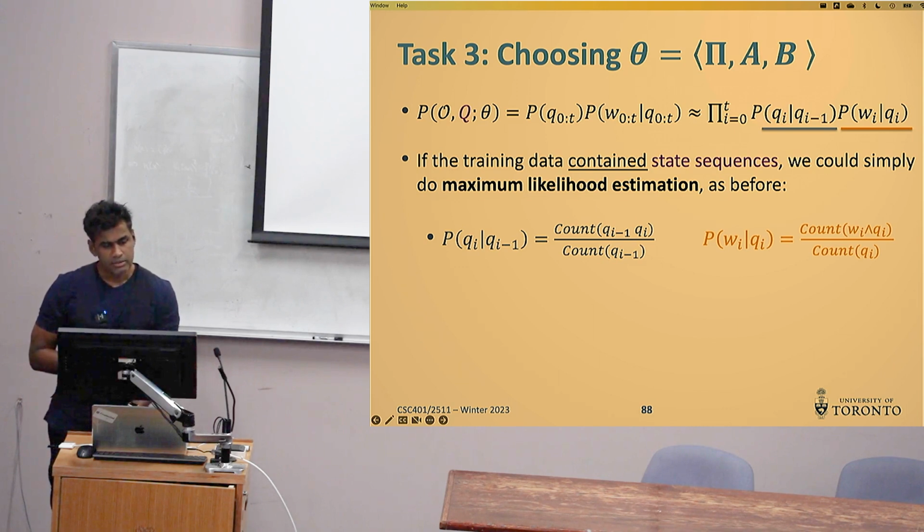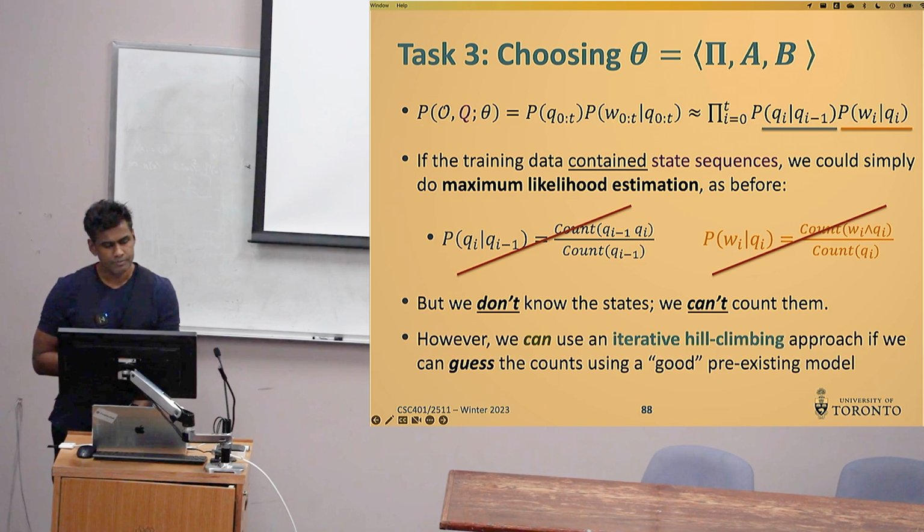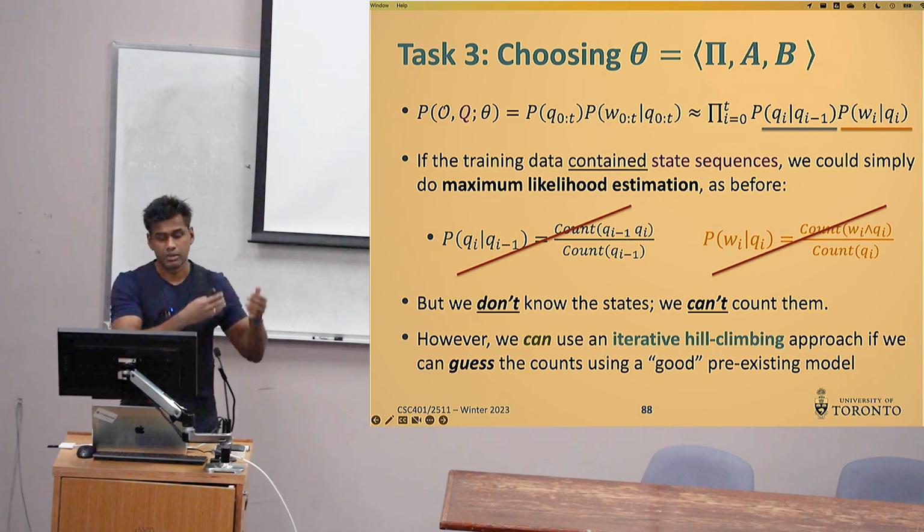This slide reiterates that if we had state sequences, we could have just done an MLE and been done with it, but we don't have that. That's why we will be using the expectation maximization algorithm to iteratively update our theta.